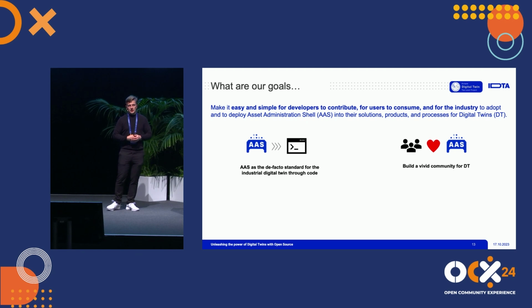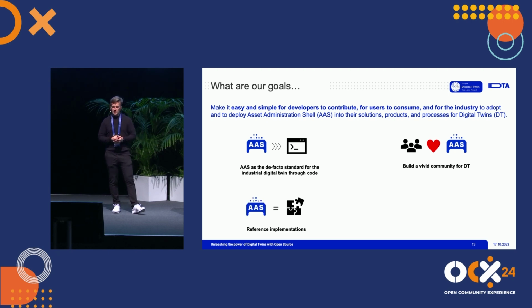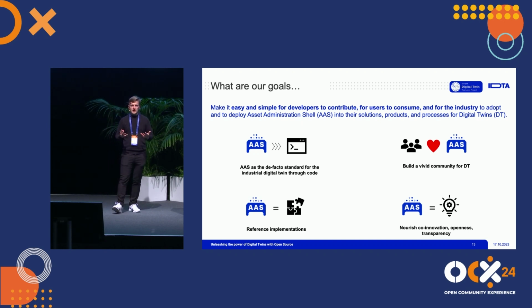It's about using the very rich community of open source to create a vivid community on that. It's about providing reference implementations where you can provide proprietary solutions on top of open source and provide value to the industry. And last but not least, it's about using this great collaboration model provided by open source to co-innovate, bring openness and transparency.